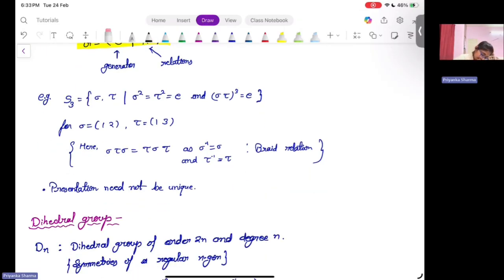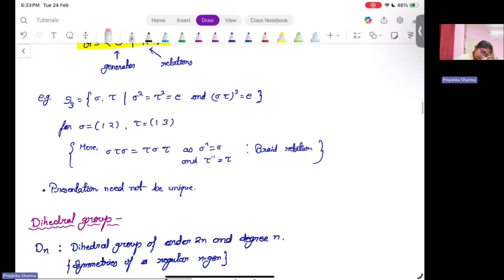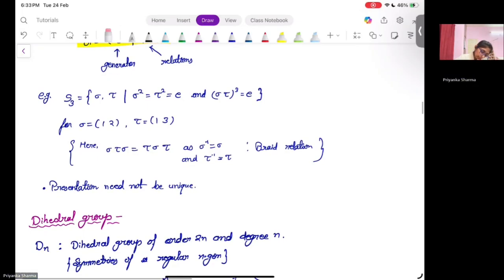Like we can have an example S3, which is a permutation group. It can have two generators, sigma and tau, where sigma squared is identity and tau squared is identity.